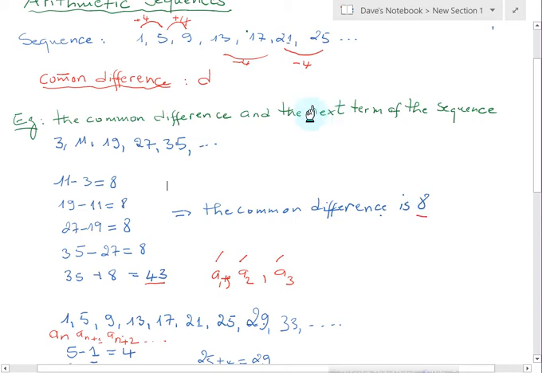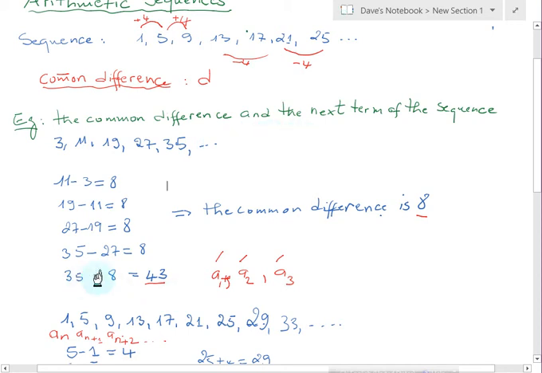Then they are asking us to find the next term of the sequence. It could be the next 2 or 3 terms, but we just have one here. As we said, by adding or subtracting, we can just add the common difference to the last term to get to the next one, and we can continue doing that on and on until infinity.